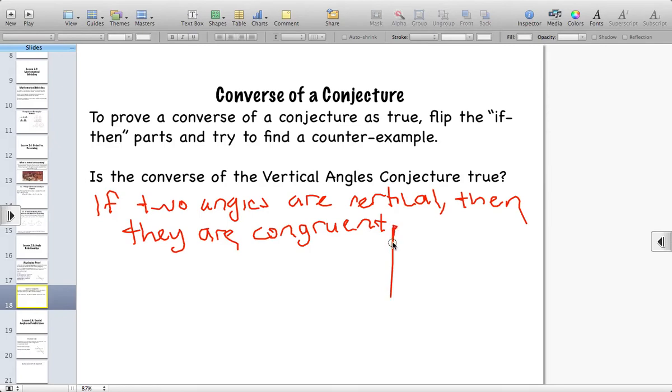Anyways, okay, so now we want to reverse that. So that means we're going to reverse this if statement with this then statement.